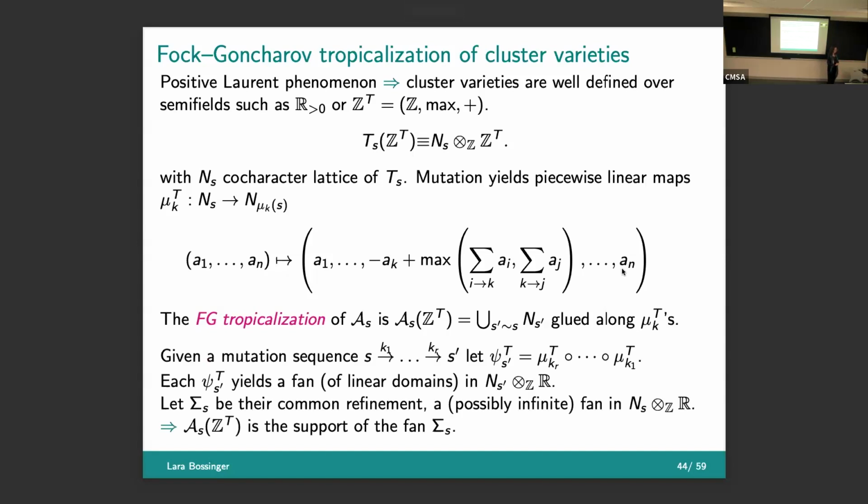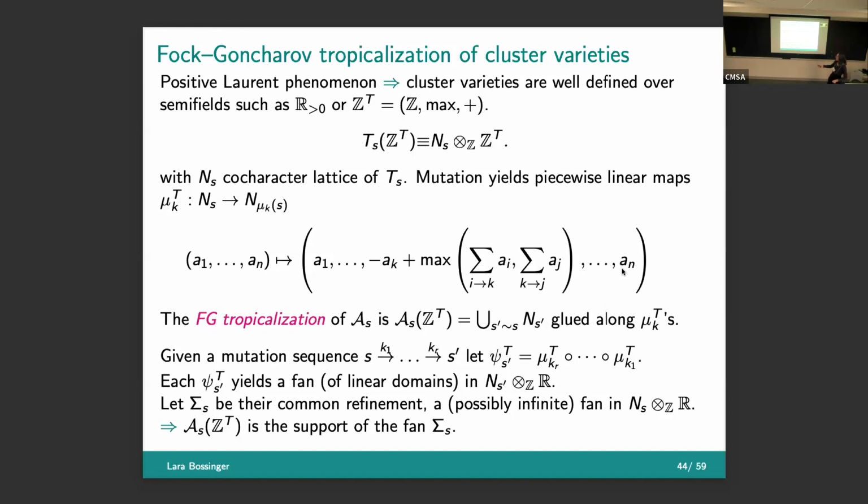So here's an interesting thing. These maps are piecewise linear. Every piecewise linear map gives me a complete fan in the lattice where it's defined, or the real vector space that is its ambient. If I consider all these transition functions and their concatenations, I get lots of piecewise linear maps, lots of fans, and I can consider their common refinement.